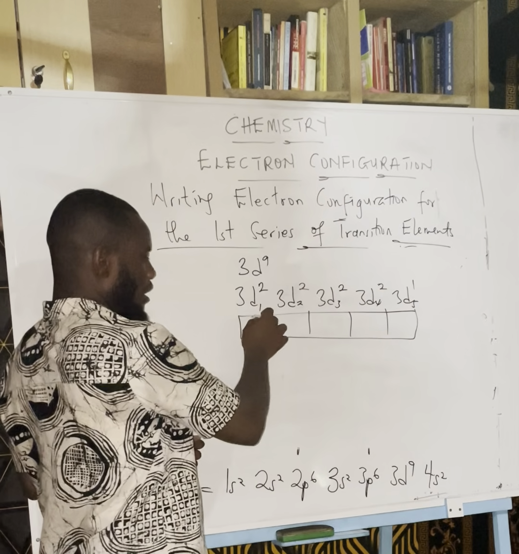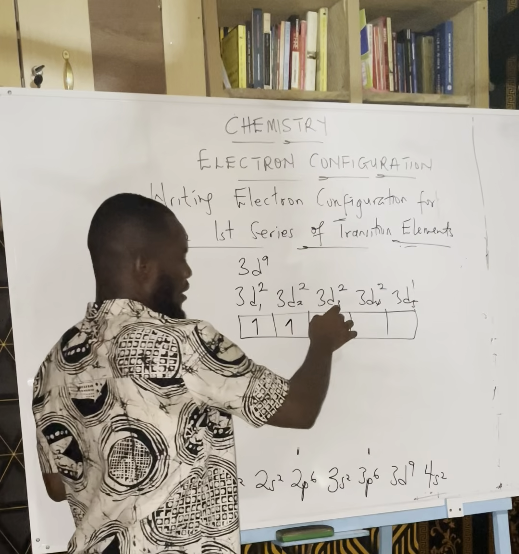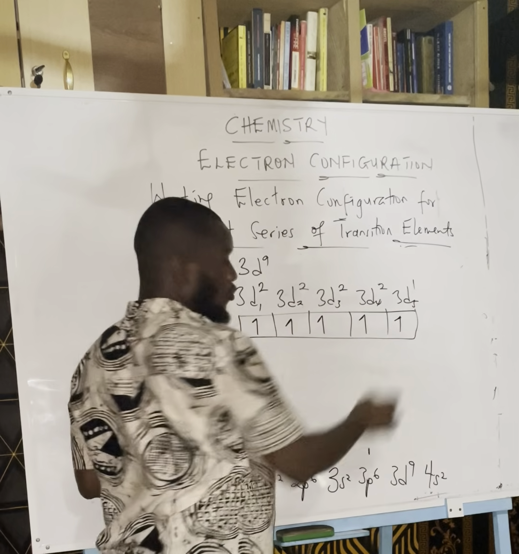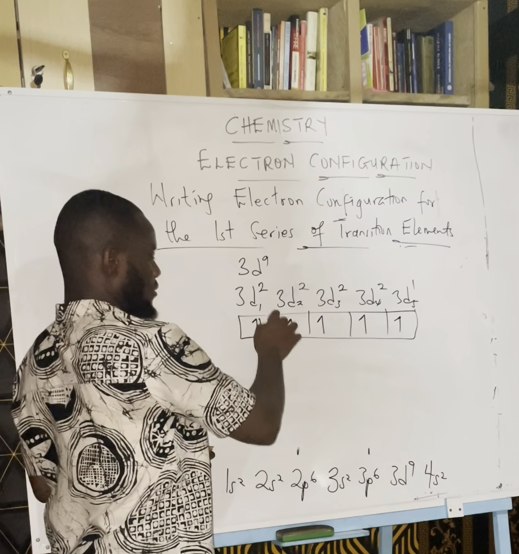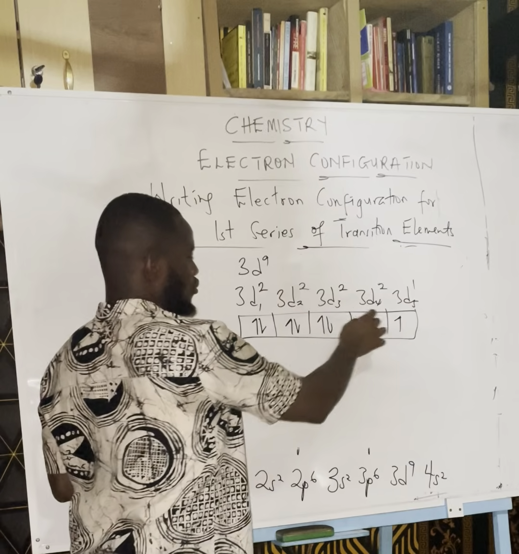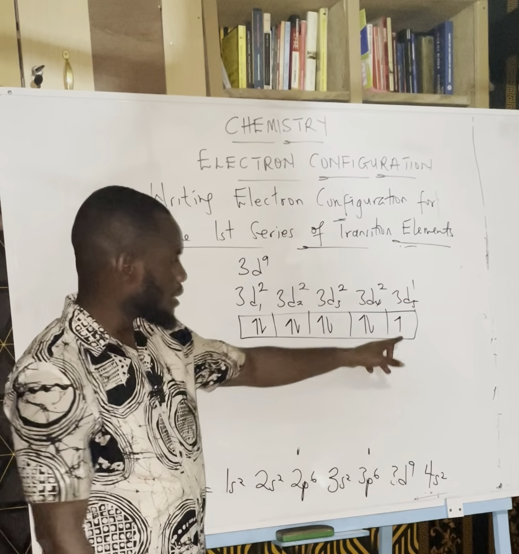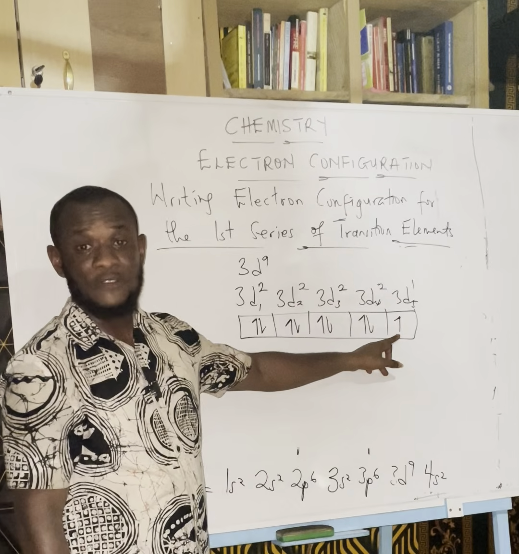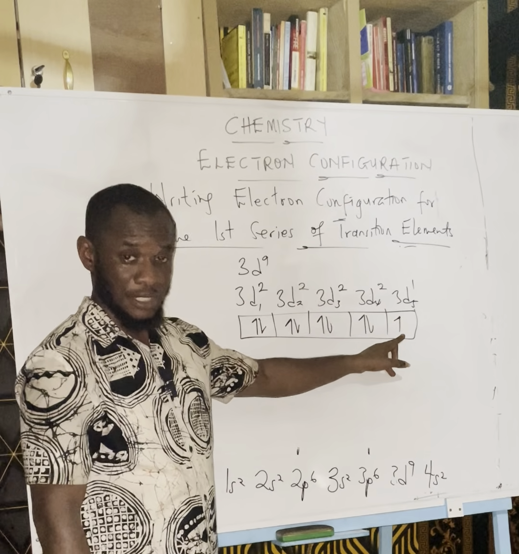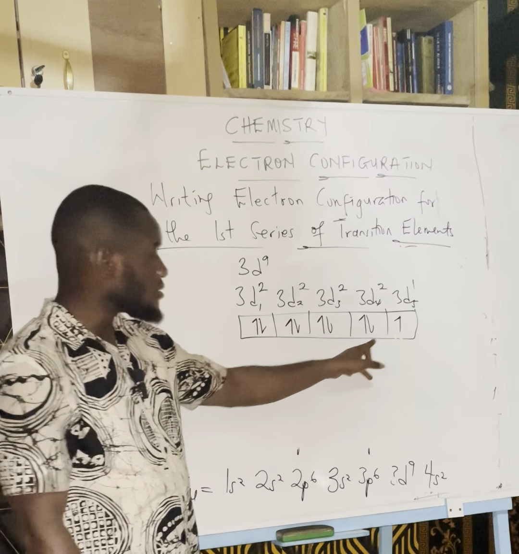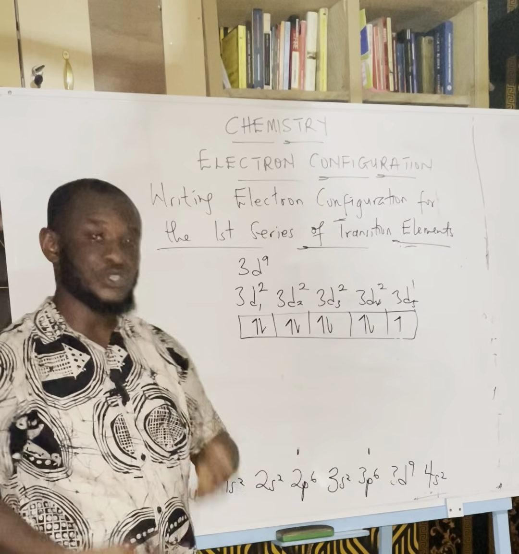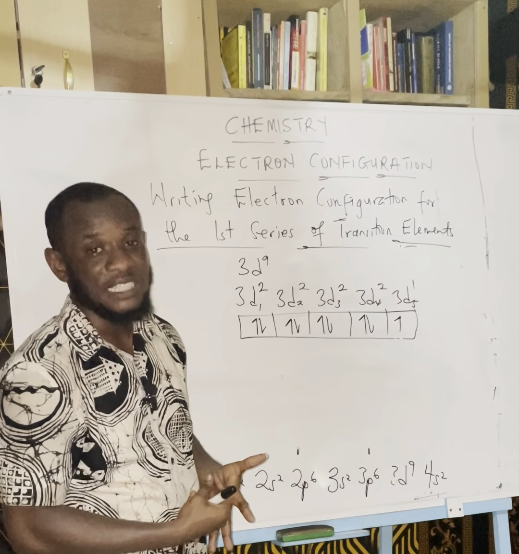So when we talk about 3d9, 1, 1, 1, 1, 1, and this one 2, 2, 2, 2. So you can see that when it comes to copper, the 3d5 orbital here has only one electron, while the rest has 2. And this creates some form of instability.